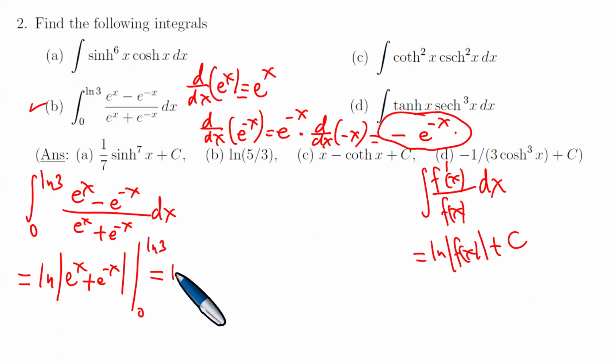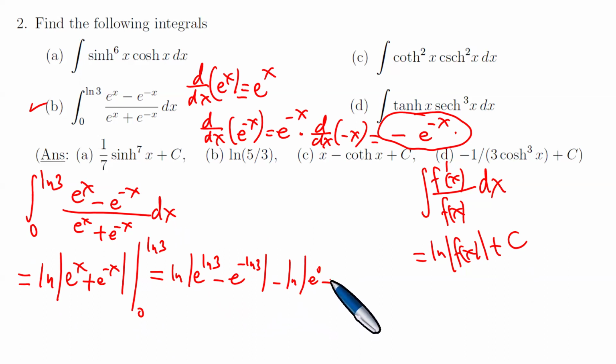Giving us the ln of e to the power ln 3, where you put ln 3 in place of x, plus e to the minus ln 3, minus the ln of e to the 0 plus e to the minus 0. It's a plus here.